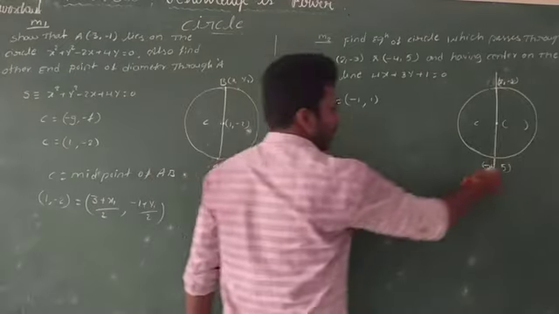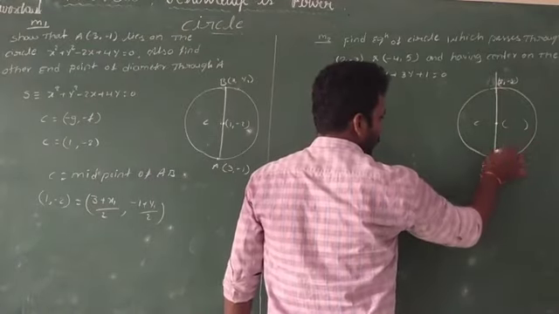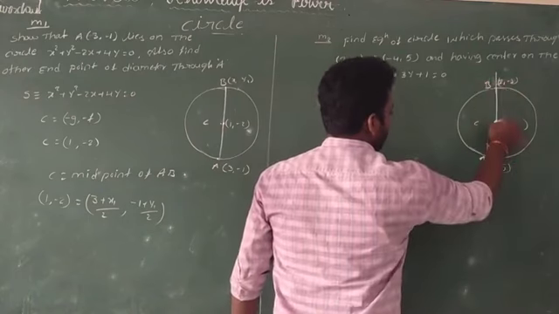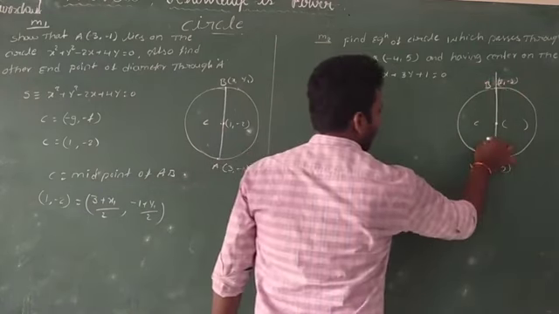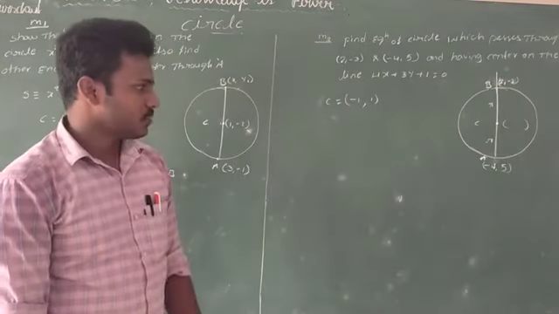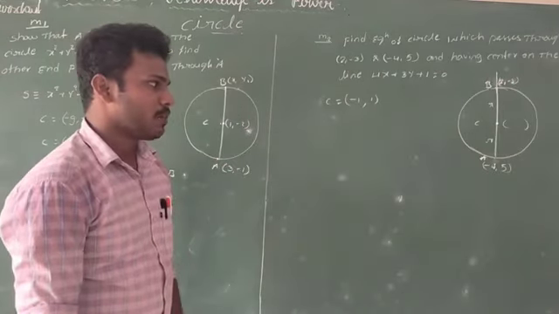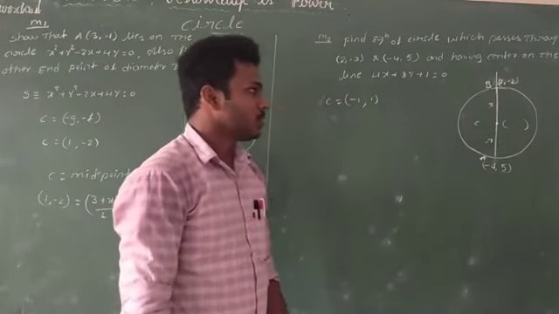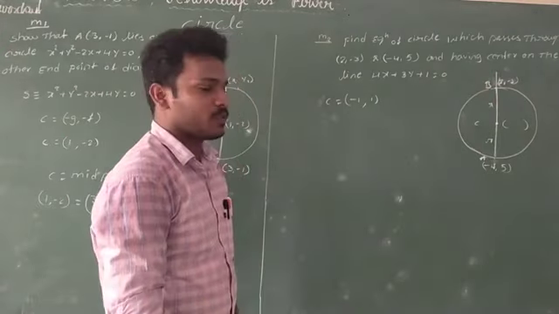Then you find the distance of these two. Suppose this is point A, this is point B. C to A distance is the radius, and C to B distance is also the radius. Then you find the radius of this circle by the distance formula.